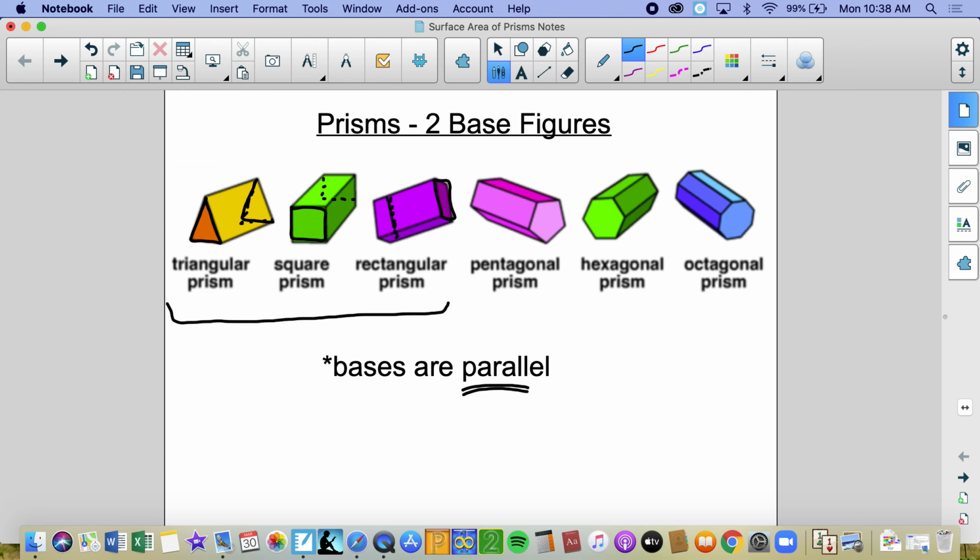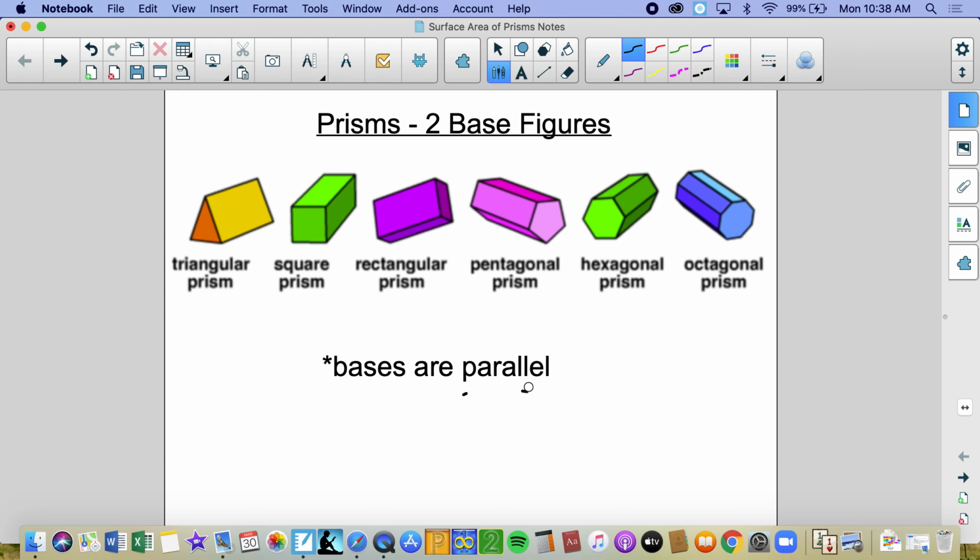And if we look at those faces, we see that they are parallel to each other. If we put our hands on them, they would be parallel to each other. So very important that that's how we find out which ones are the bases.